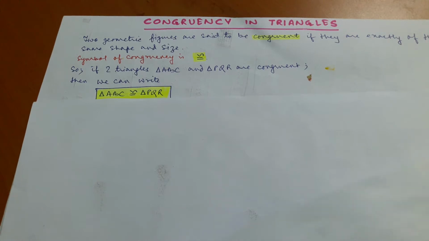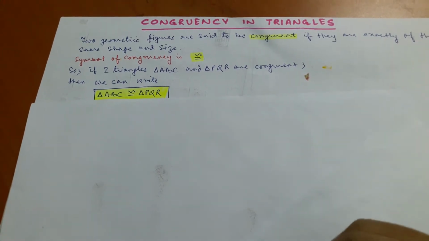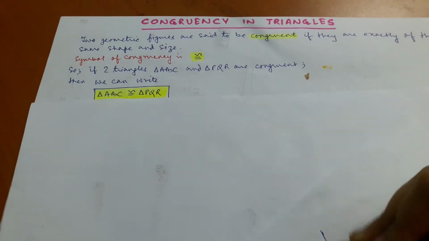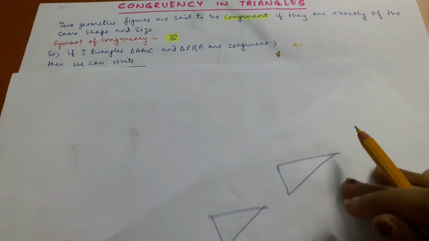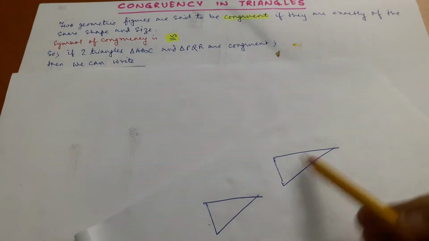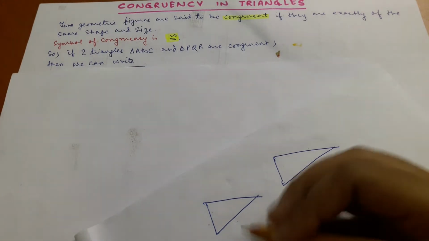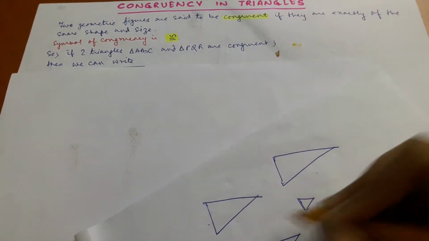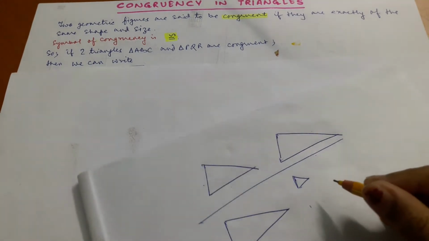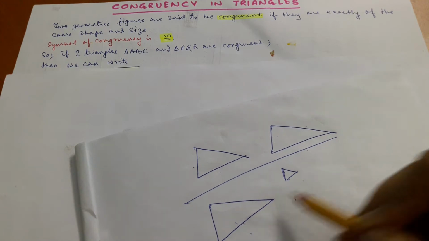Superimposable means, when are two figures superimposable? Suppose two triangles. If two triangles have to be superimposable, it means that all the corresponding sides have to be equal, all the corresponding angles have to be equal. See, if we draw these two triangles, are they superimposable?